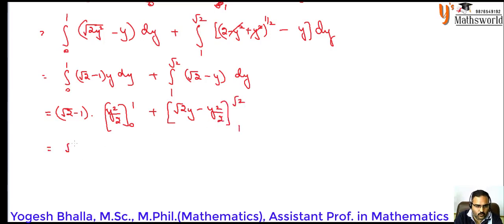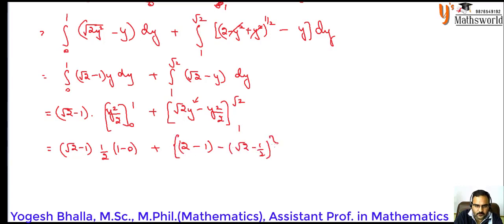So it will be root 2 minus 1 into 1 by 2, upper limit minus lower limit, plus now root 2 into root 2, that will be 2, minus root 2 square by 2, 2 by 2 will be 1, upper limit minus lower limit, so it will be root 2 minus 1 by 2. So it will be root 2 minus 1 by 2 plus 2 minus 1 will be 1 minus root 2, then plus 1 by 2.